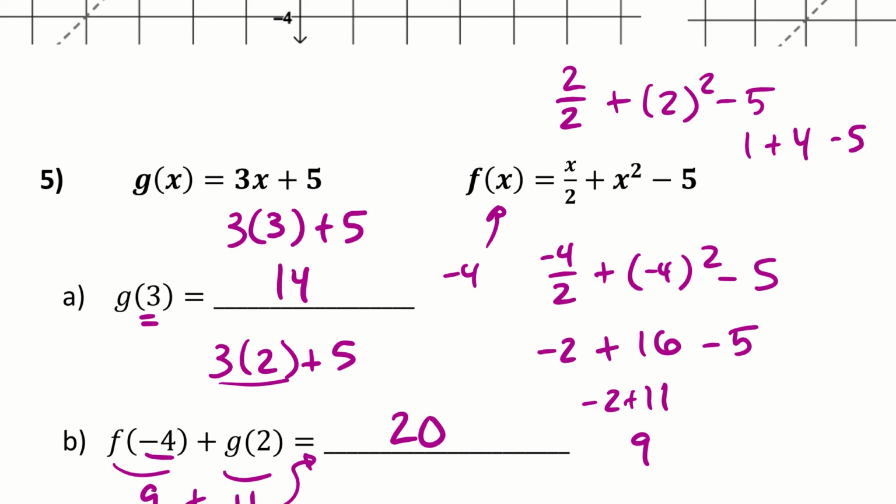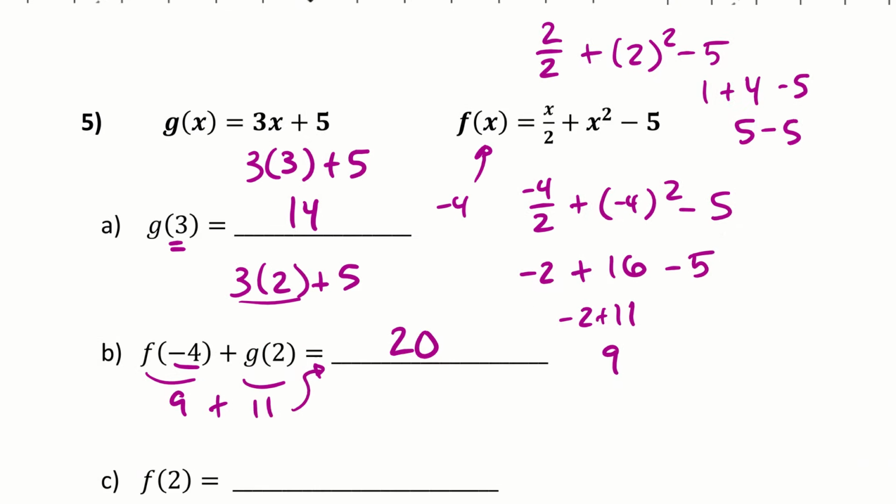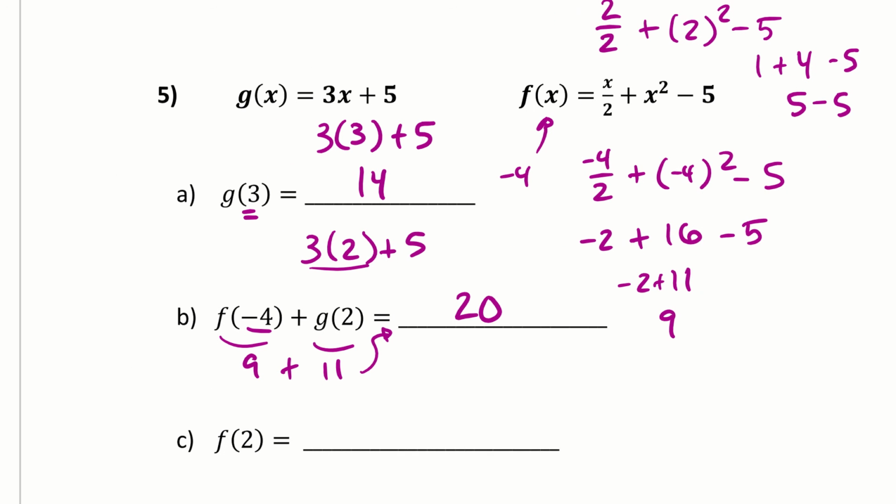And then minus 5. Oh, guess what? We've got 5 minus 5. So when I put 2 into that function, it produced an output of 0. So my answers for question 5 are A was 14, B is 20, and C is 0.